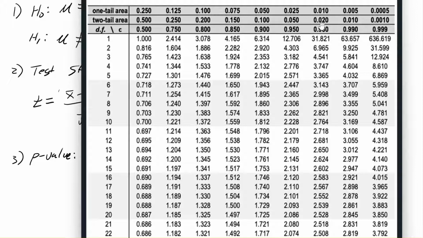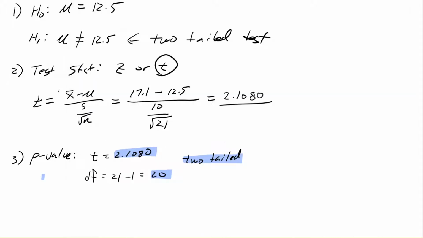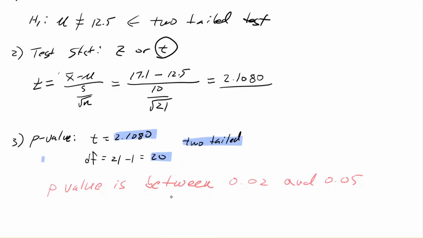So our p-value must be between these two, in this range. Let's write that. Our p-value is between 0.02 and 0.05, excluding these two numbers.